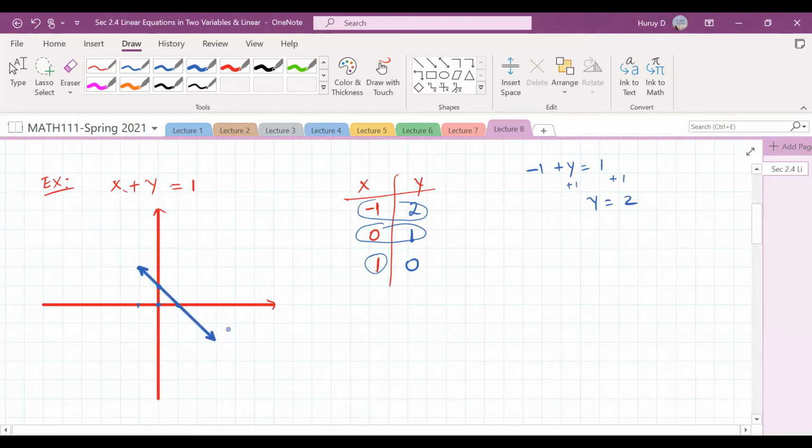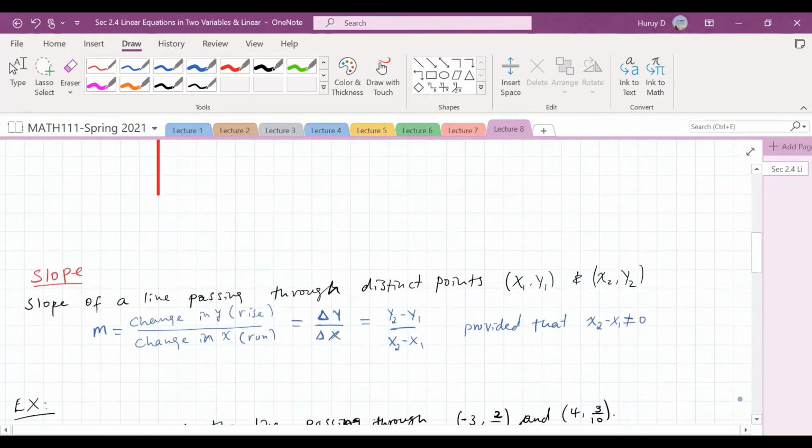So this is the graph of x plus y equals 1. For now, this is how we can plot the graph of an equation. Later on we will see another way of plotting the graph of a function or an equation in 2 variables.